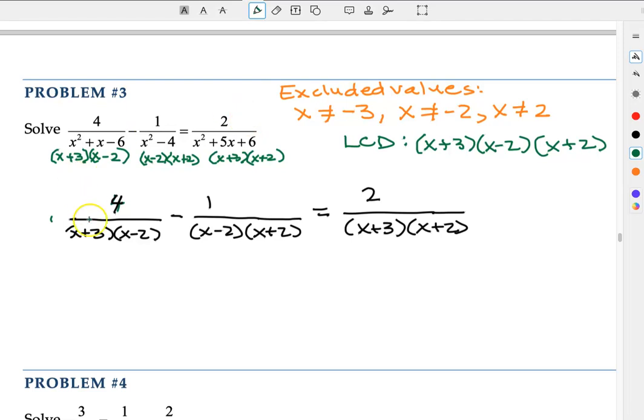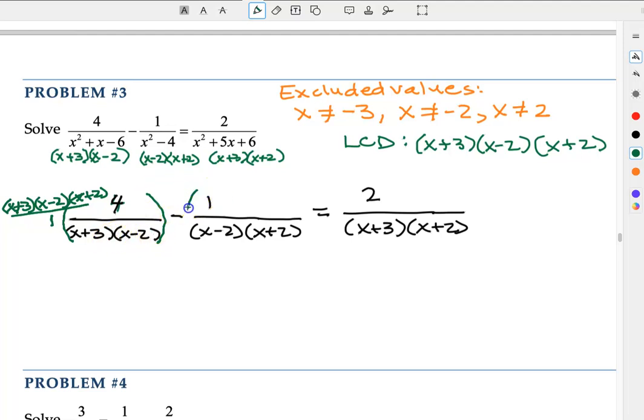Okay, let me try this again here. This one, if we multiply it by the LCD, we need to multiply it by x plus 3, x minus 2, and x plus 2. These are all on the top. If it makes more sense to you, put a 1 underneath to make sure that you see that you're dividing out these ones in green with the ones in black on the bottom.